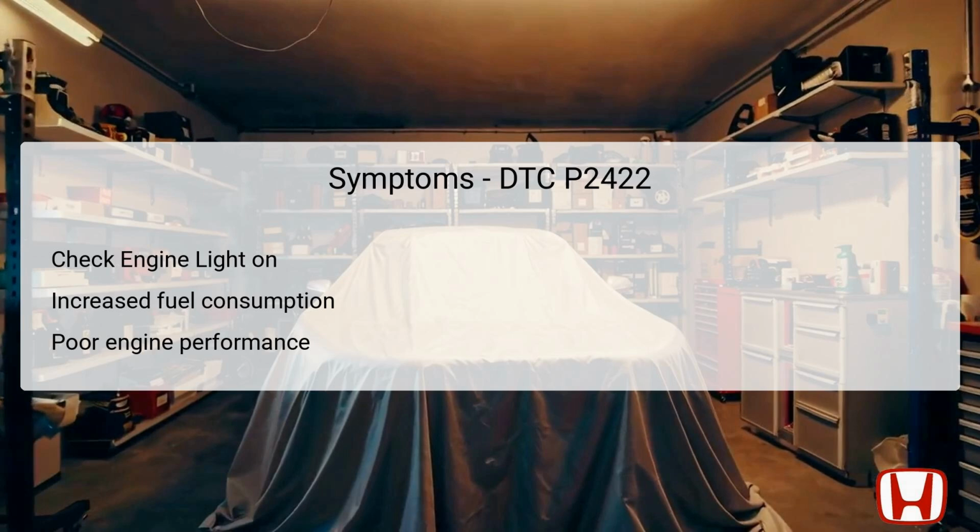Drivers may also experience increased fuel consumption, as the vehicle becomes less efficient at utilizing vaporized fuel. Poor engine performance may become evident, manifesting as rough idling or a drop in overall power during acceleration. Recognizing these symptoms early allows for timely diagnostic investigation, potentially saving on costly repairs later.